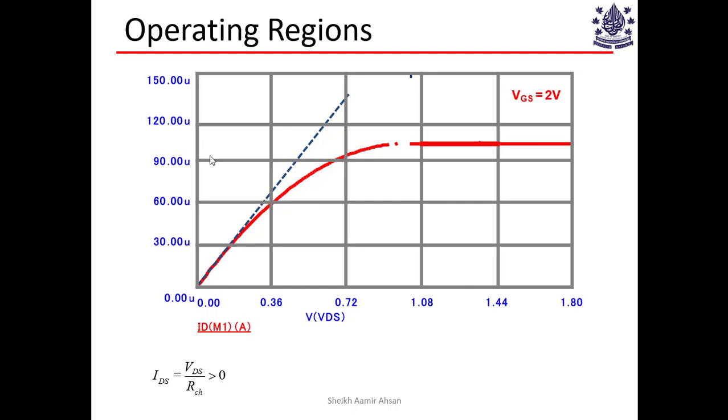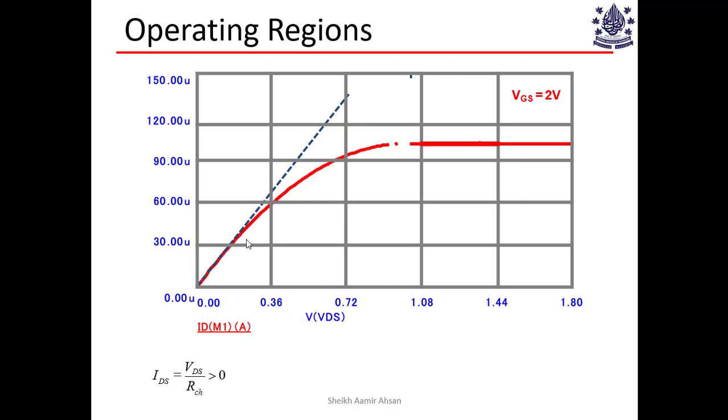This is how current is plotted against drain to source voltage for a fixed gate to source voltage of 2 volts. Within this region, very small drain to source voltages, you'll see the structure behaving linearly. Within this range, it behaves like a resistance. So any linear IV relationship tells you it is a resistor.